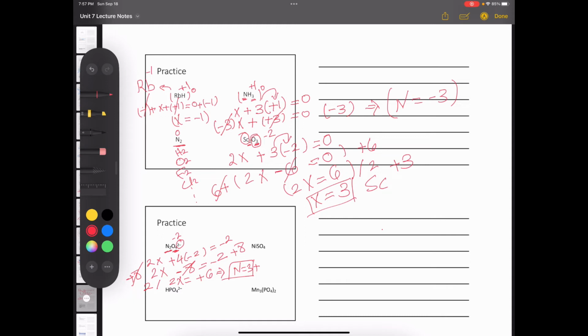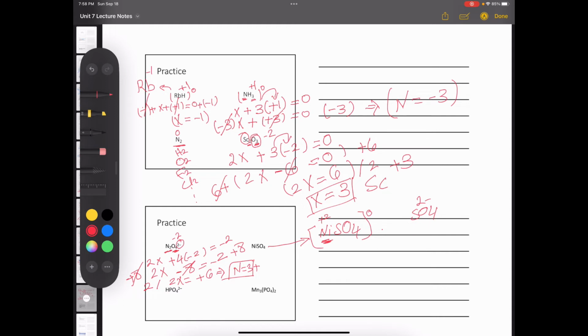Now let's try to calculate the oxidation number for nickel sulfate, NiSO4. For the nickel sulfate, we know the oxidation number for nickel is +2. How do we know this? Because we know the polyatomic ion sulfate has a 2 negative charge. So in order for this total compound to have a net charge of 0, the 2 will have to cancel out the 2.